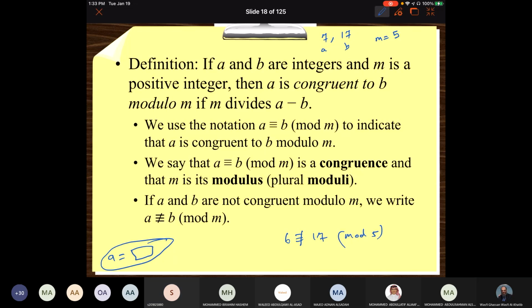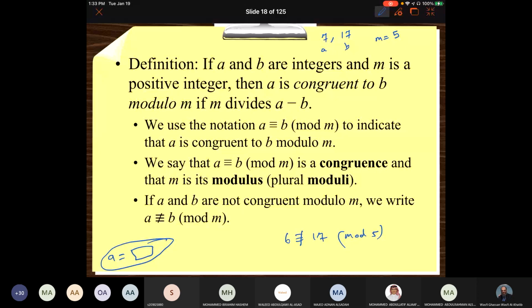Doctor, the congruence differs based on the value of M. It could be congruent to each other with one M and not congruent with another M. Exactly. Everything is related to the mod that we specify.